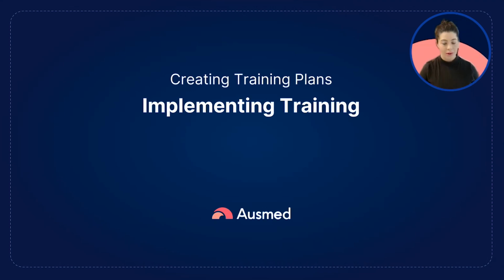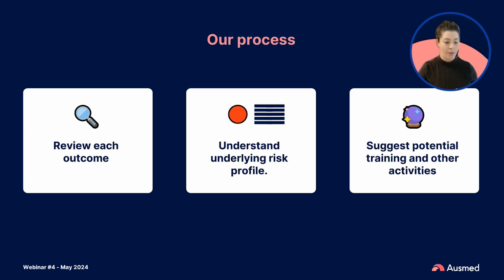So what I want to shift very quickly into now is making sure you're ready to either create training plans and effectively implement education. And let's begin with reviewing our process. As many of you have heard from the previous webinar and in meetings and calls that I've had with you, this is our approach.